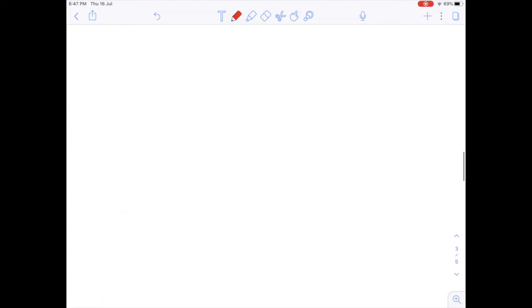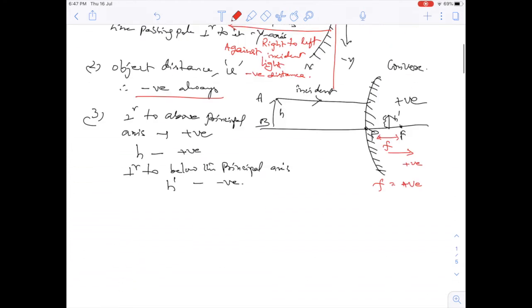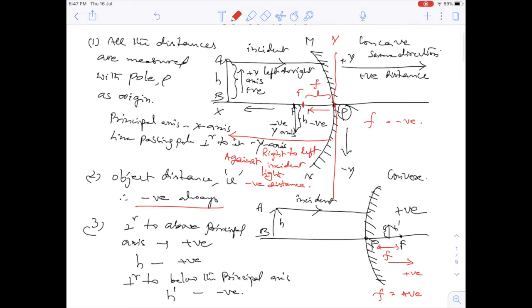What do I mean by that? See, a virtual image is always behind the mirror. If I consider this as v, the image distance from the pole, this is to the right, therefore it is positive.